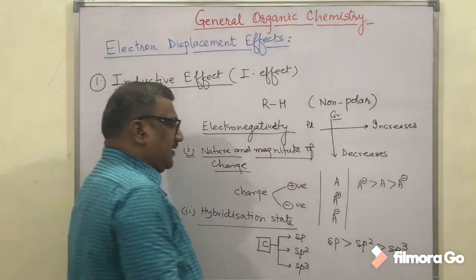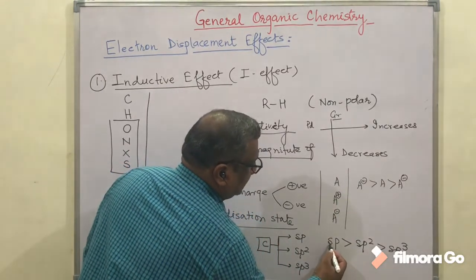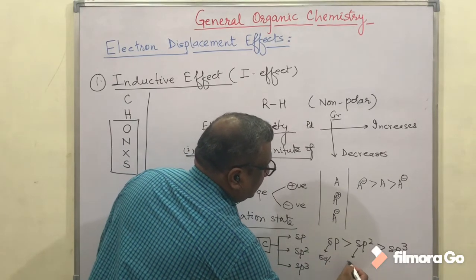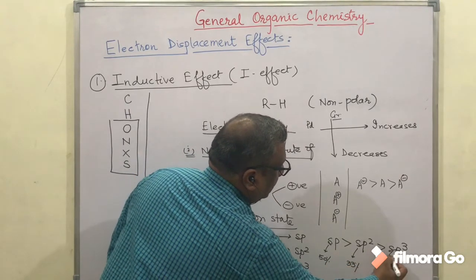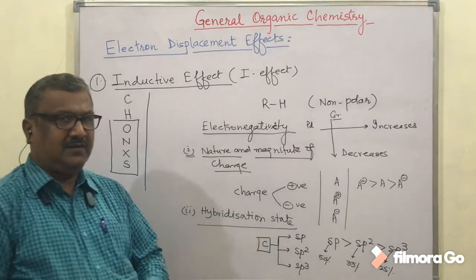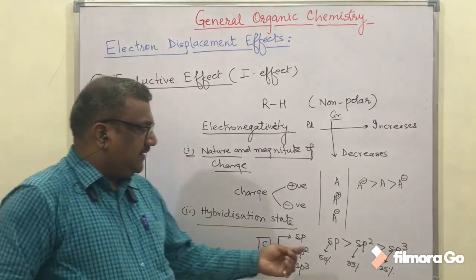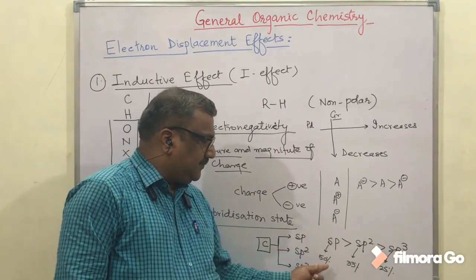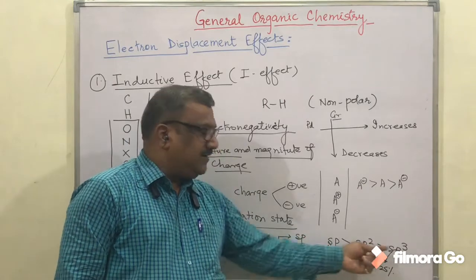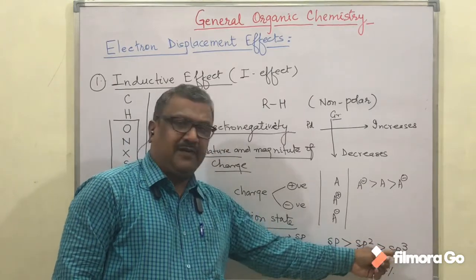And it is simply because in sp hybridization the s character is 50%, in sp2 it is 33%, and in sp3 it is 25%. We all know. Okay? So we can say that in sp hybridization the percentage s character is 50, which is maximum, and in sp3 it is 25, which is minimum.